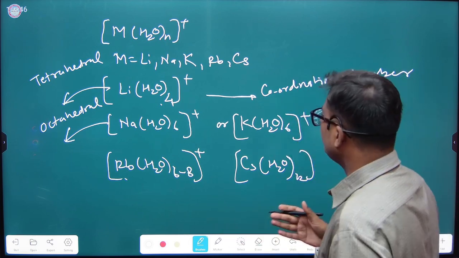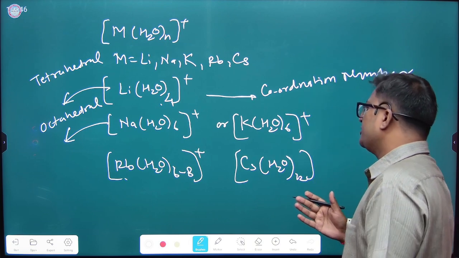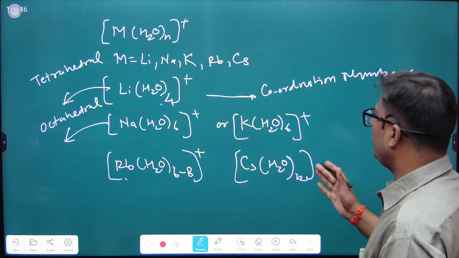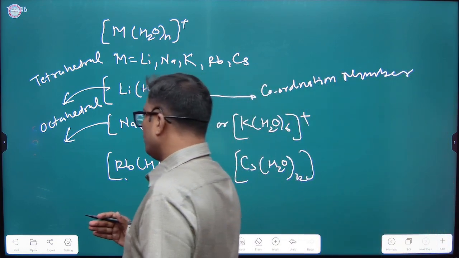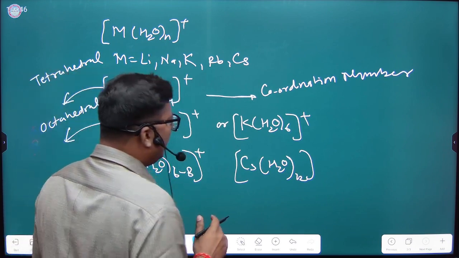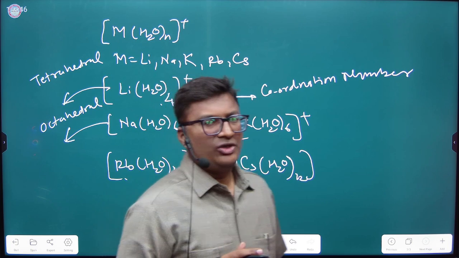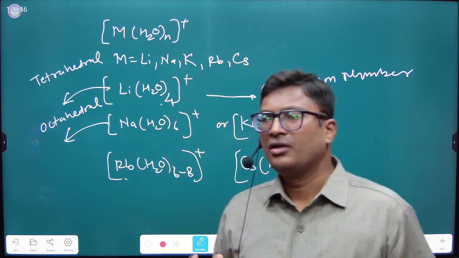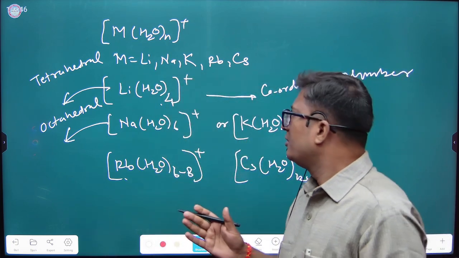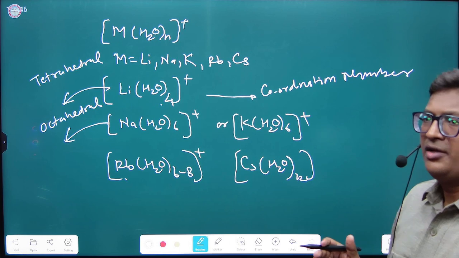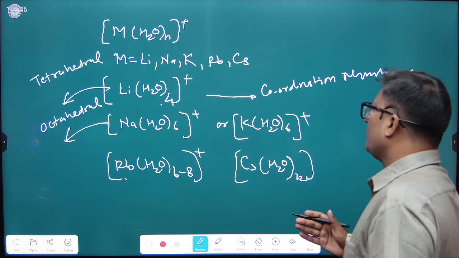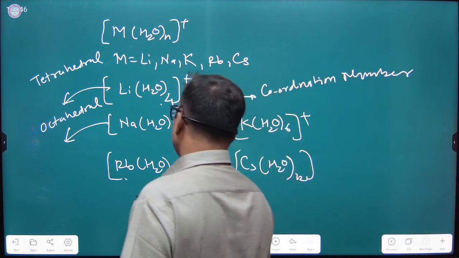So all the alkali metals remain hydrated in the aqueous solution. What this infers is that alkali metal cations form a complex ion, which is basically a coordinated ion. Here two types of species are present.